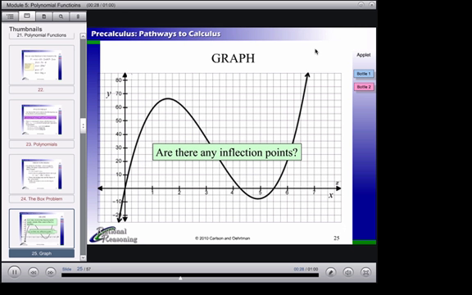Yes, inflection point. We said it was right about here, where the concavity changes, right? Right about there.